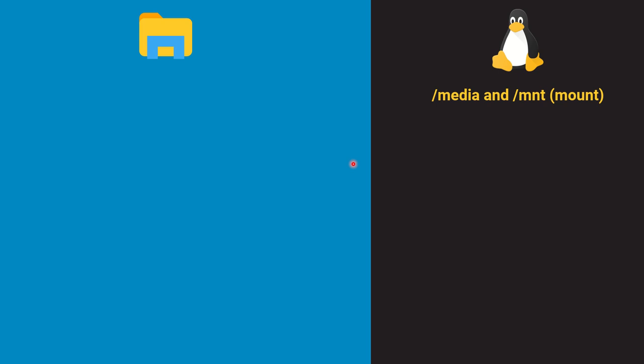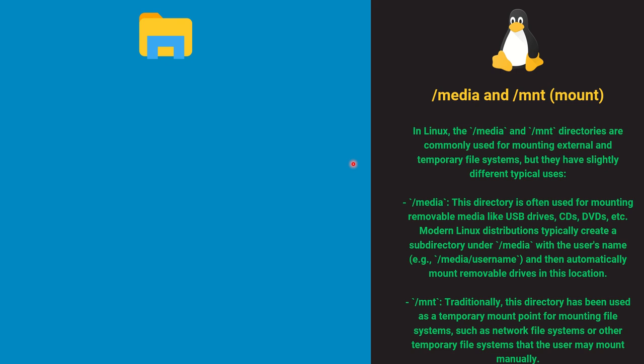Then /media and /mnt. This is also a very important directory, and it is commonly used for mounting external file systems. So under /media, whenever you connect a pen drive or a CD drive, as we were discussing on the previous slide with the /dev and /sys directories, whenever you connect any external removable drive or CD-ROM, it gets recognized by the system under /dev.